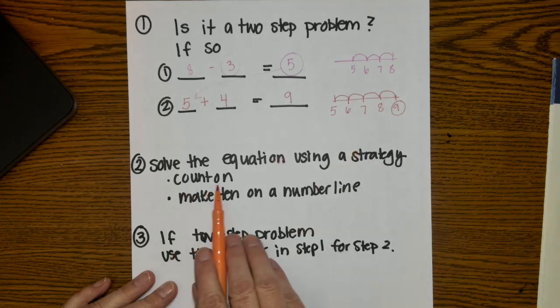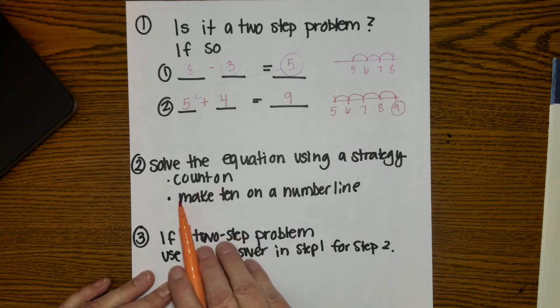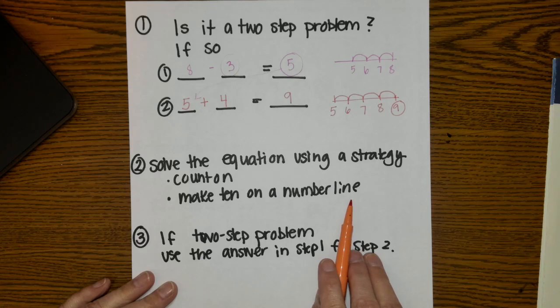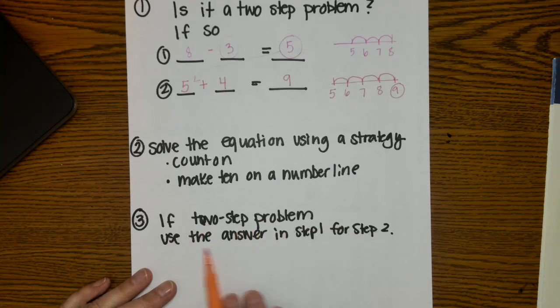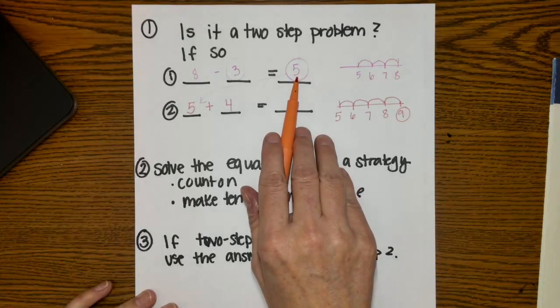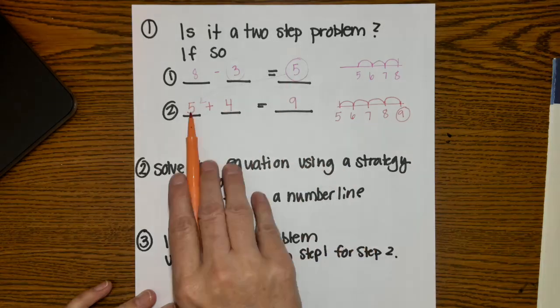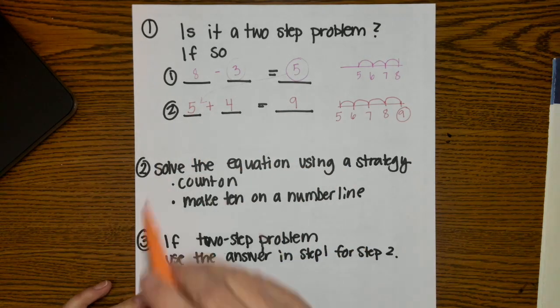They can count on, which is not my favorite. I think we need to get away from that. I'd like to have them making 10 on a number line. Okay, and if it is a two-step problem, use the answer in step 1 to begin step 2.